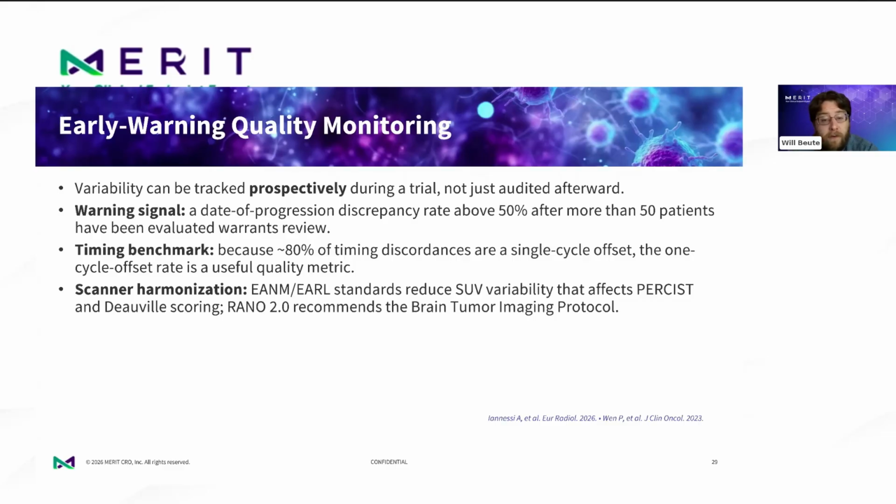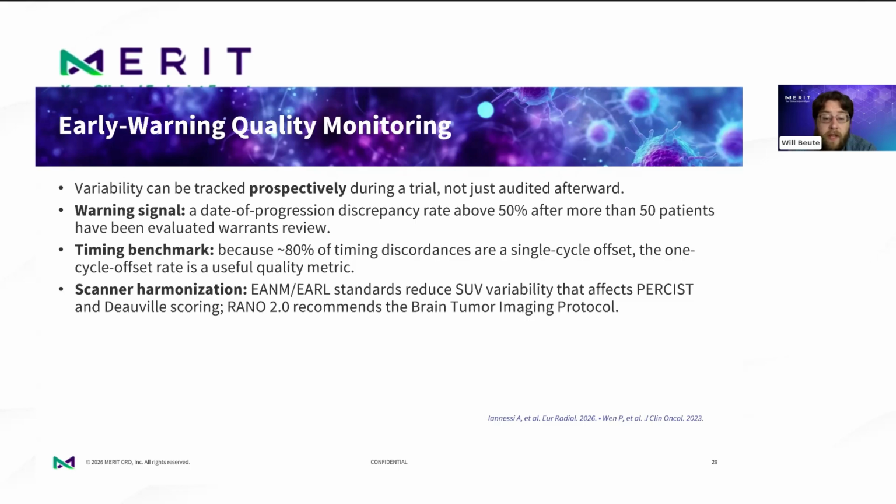There's also a helpful timing benchmark because, as we saw earlier, roughly 80% of timing discordances turn out to be just a single cycle offset. A one cycle offset rate itself becomes a useful quality metric to monitor. And on the technical side, scanner harmonization matters a great deal.